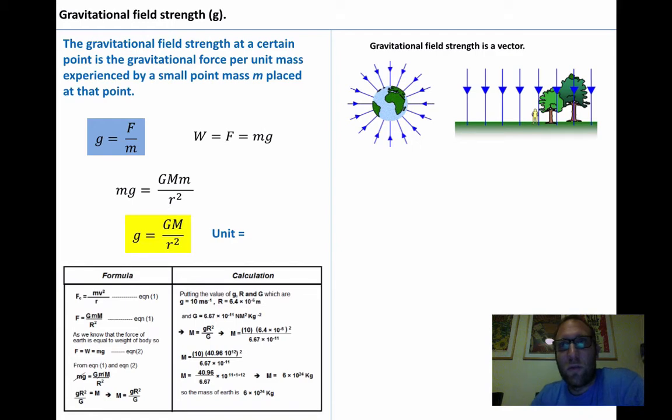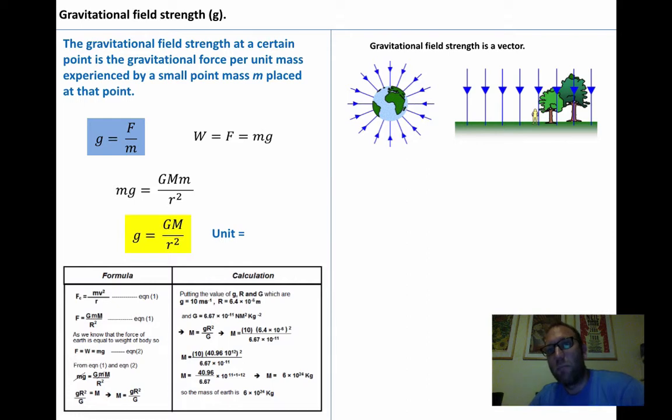Generally, where the field lines are closer together, the gravitational field strength is stronger. In the picture on the right, the man standing by the two trees, the field lines seem to be equidistant from each other, which would suggest that the gravitational field strength here on Earth is the same.